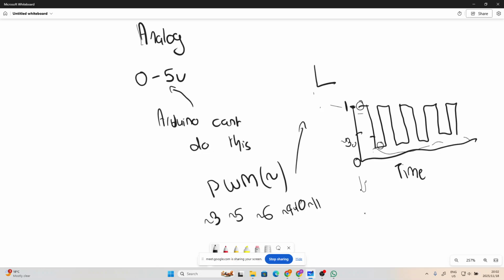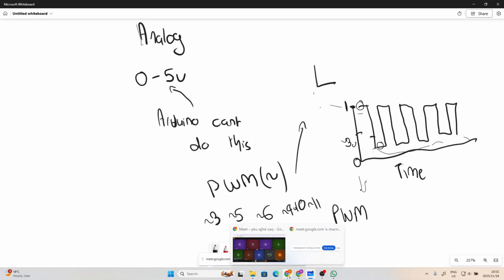So essentially, PWM, you don't need to know what it stands for, but it's rapid timing of that pin. It goes on and off so quickly that the board thinks, okay, now I'm getting 3 volts instead of 5, because it takes averages. Do you understand the concept of PWM?